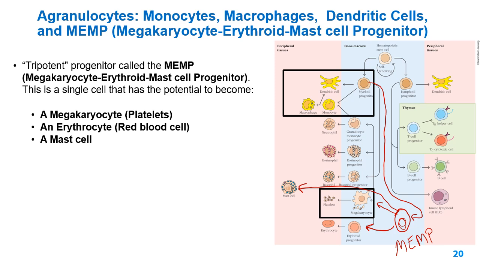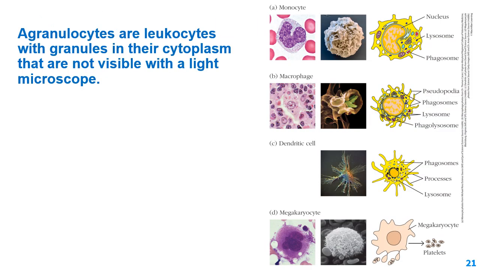Let's look more into them here. All right, so your agranulocyte. Here you have your monocyte. Okay, the shape of your nucleus here is like a kidney bean, usually, right? So you have your monocyte. When it goes into the tissue, it starts to have those pseudopods kind of projecting out of the cell. So those are your macrophages, right?